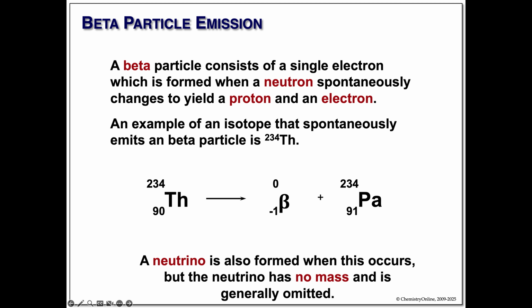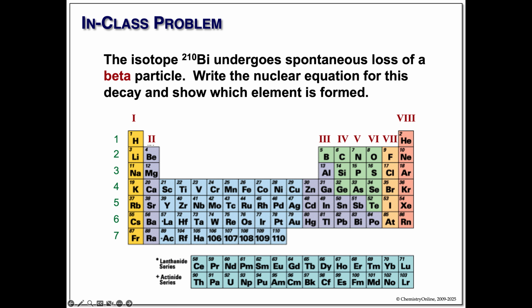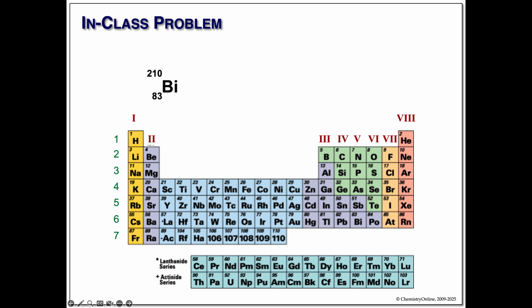Let's do a couple. Bismuth-210 loses a beta particle. Let's do the nuclear equation. There's bismuth-210, there's our beta particle. Now, the atomic number here must be 1 more than we started with, so that's 84.